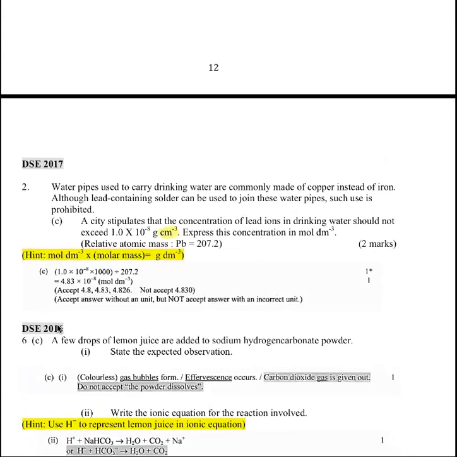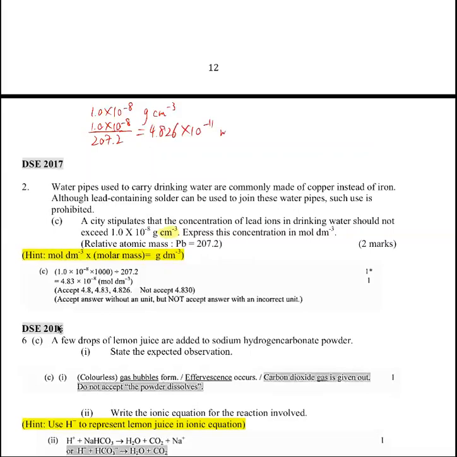So at the beginning, we got this 1.0 times 10 to the power of minus 8. That's in gram per cm cube. How do we convert that into mole per cm cube? We divide it by its molar mass. The molar mass will be 207.2, and by putting that into the calculator, you can get this number.